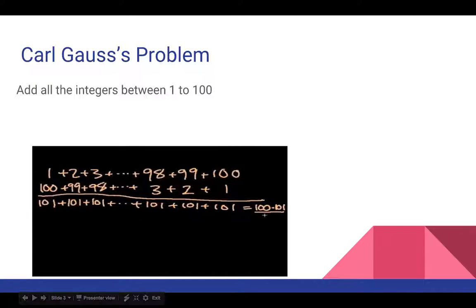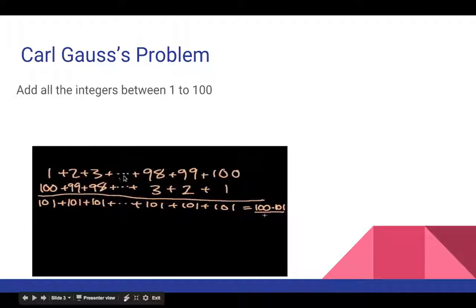Alright, so first I'm going to talk about Carl Gauss, I don't know how to pronounce his name, and the problem he solved in a short amount of time. The problem is: add all the integers from 1 to 100. So you have to add them all up.